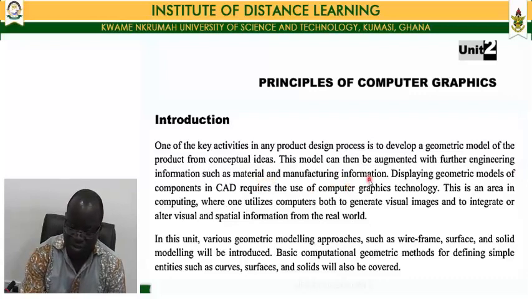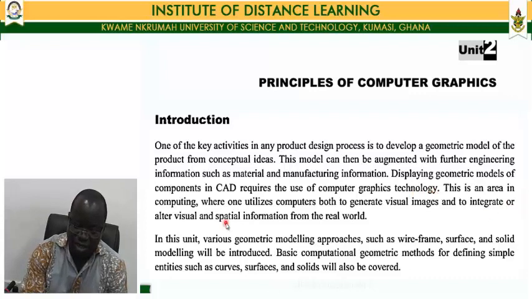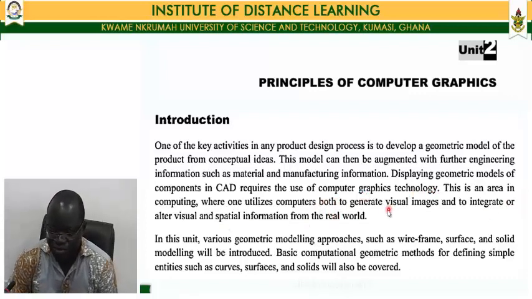And this is an area in computing where one will utilize computers both to generate visual images and also to integrate or alter the spatial information from the real world.